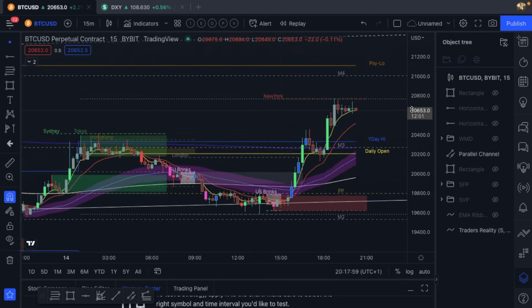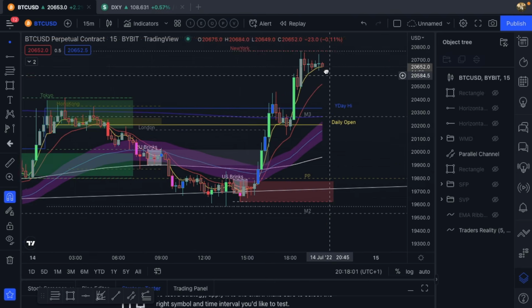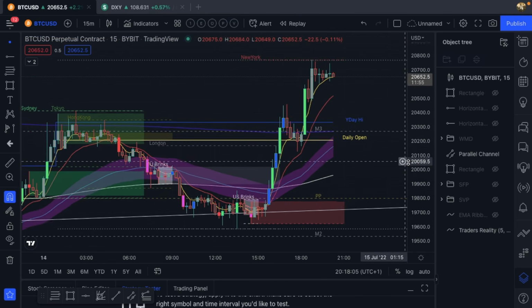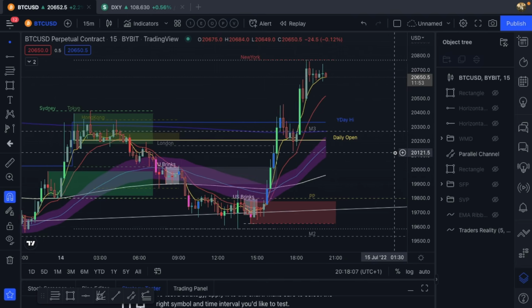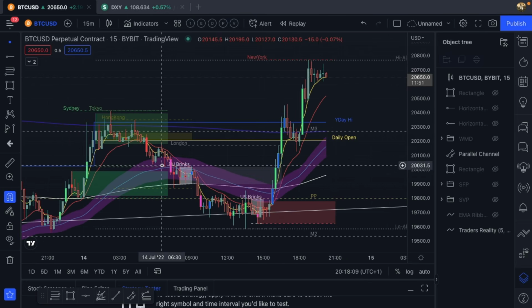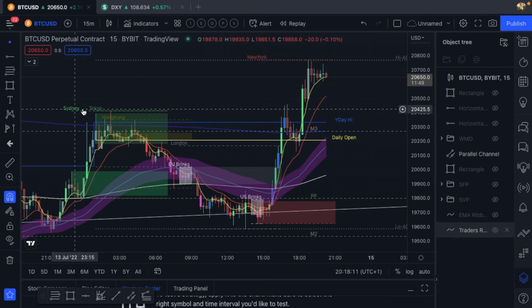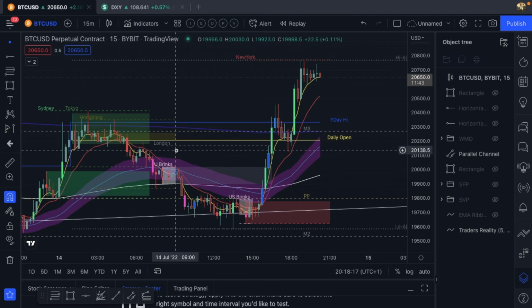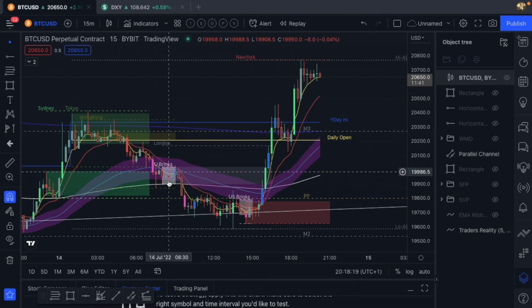So this is what it looks like. It's a vector candle indicator. Vector candles are also something that you should be looking at all the time. So you see here, you've got Sydney, Tokyo, Hong Kong. This is basically your Asia session. Then you've got your London. This is Europe, right? And this is the Open.